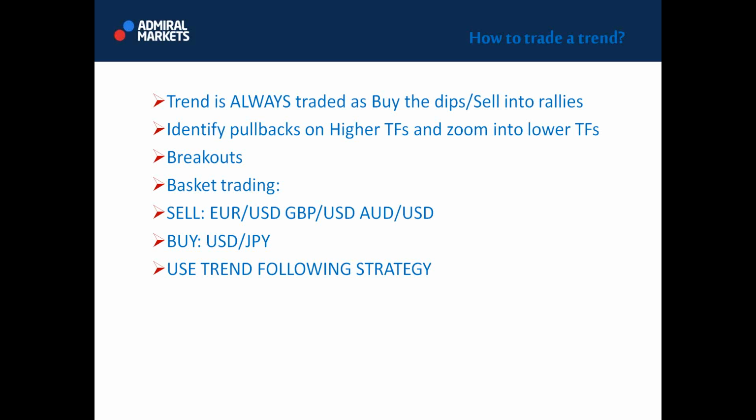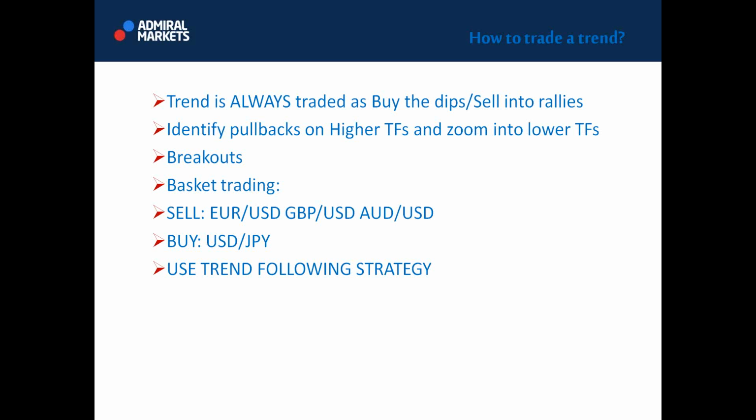Most of the time, if you buy or sell euro-dollar, British pound sterling dollar and Australian dollar, you are triple exposing yourself to the dollar currency. And if those pairs are in sell mode, the buy mode will be for dollar-yen. So that is called basket trading. You are opening 4 simultaneous orders at the same time in these directions.